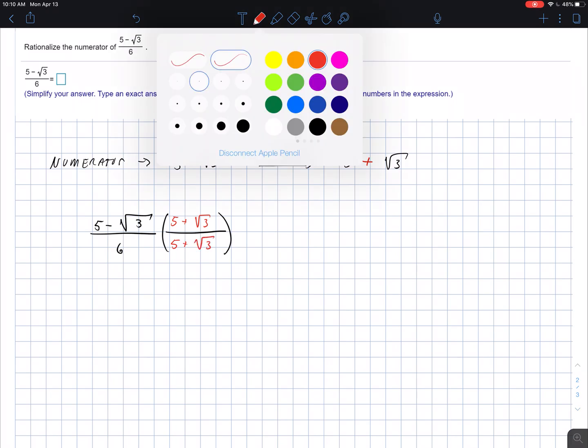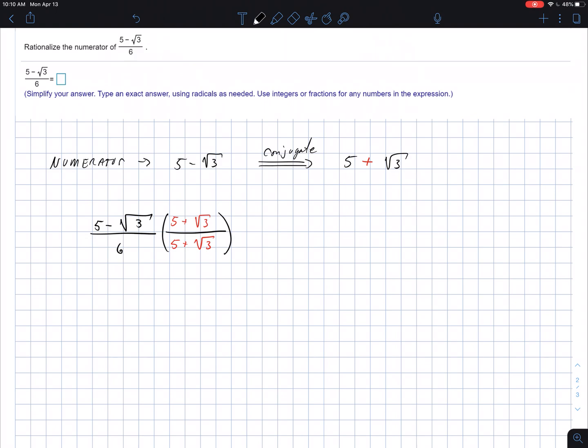Now, remember, one of the main reasons why we actually talked about the difference of two squares when we were factoring, remember, if we have this setup, a difference of two squares, then we know we can factor it accordingly, right? Two binomials, one that has a plus b, one has a minus b quantities.